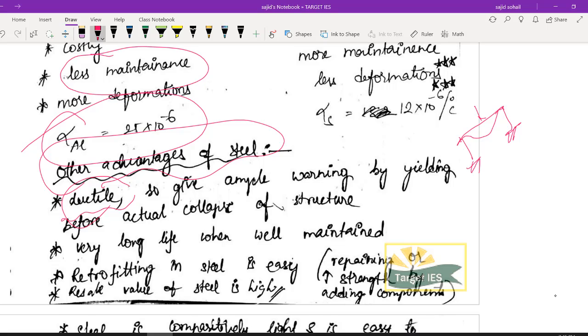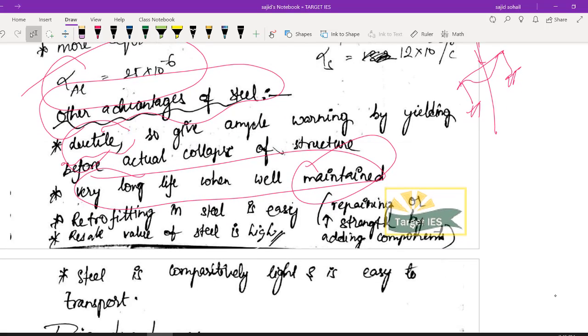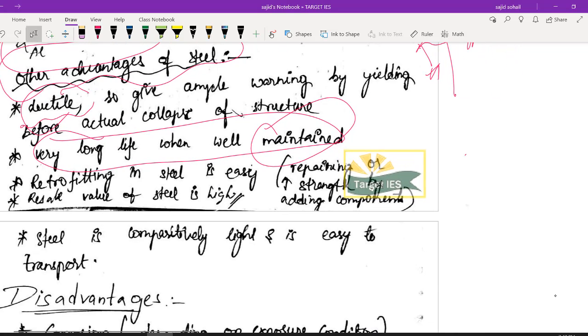It is not brittle failure that all of a sudden it breaks and falls on your head. Okay, so it will give you ample warning, and only after that it is going to collapse. So it has very good life, very long life, only if it is maintained well. If you just leave it in the atmosphere, allowing it to come in contact with water and humid atmosphere, obviously it will be getting corroded. Okay, so you have to take proper care of it.